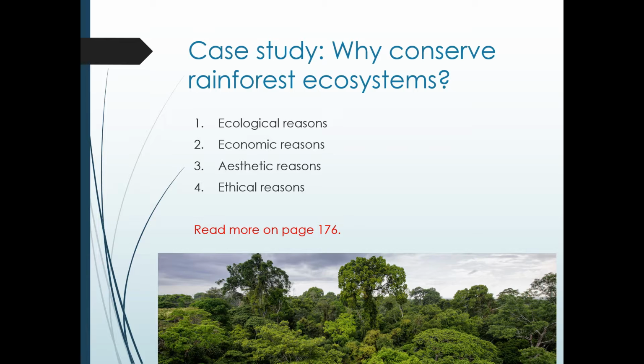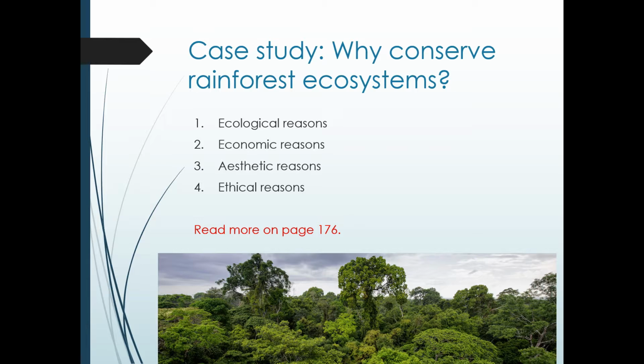You will have a few reasons for this: ecological reasons, economic reasons, aesthetic reasons, and ethical reasons. You have to read more about this on page 176 because I couldn't put everything here, but it's in your notebooks.